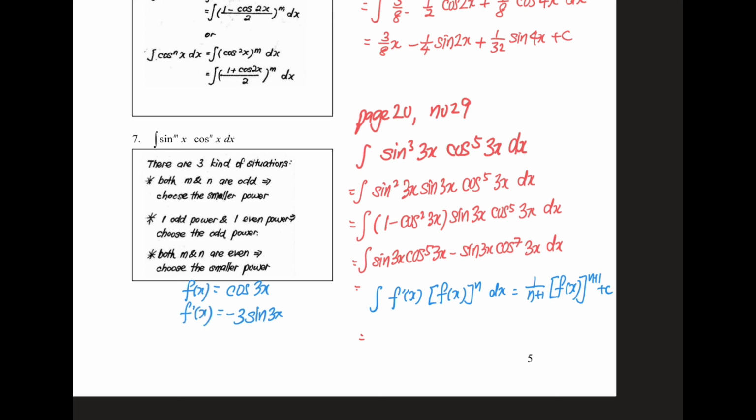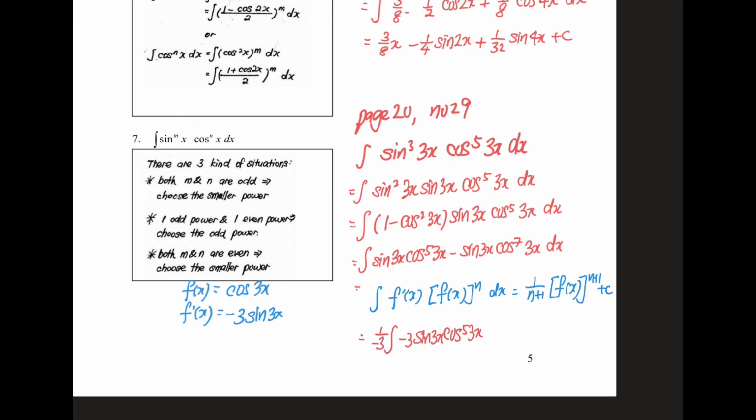Because of that, we need negative 3 in front of the sine so that it becomes f prime of x. So I have to multiply with negative 3 purposely. But multiplying with negative 3 is changing the value of the question, so I have to balance back.